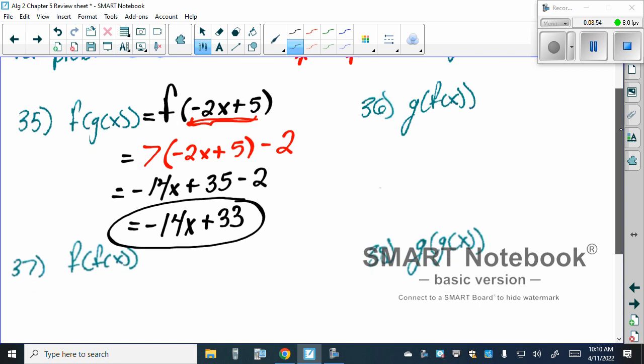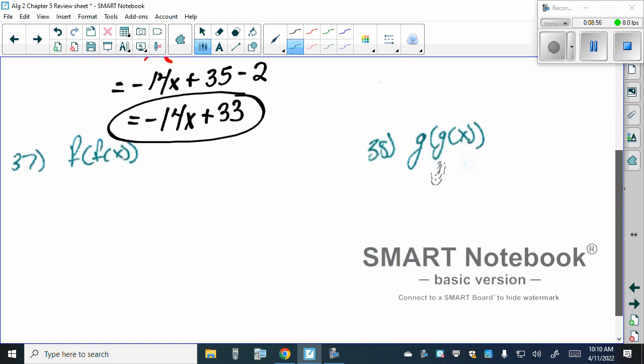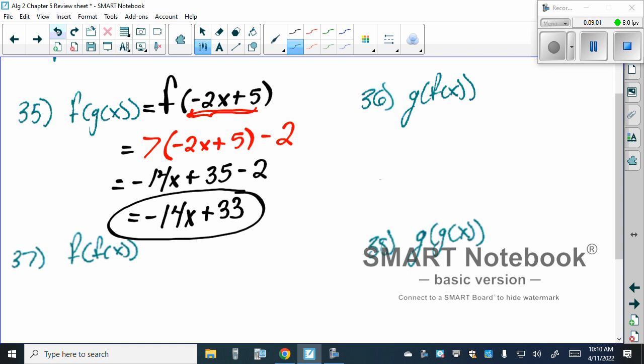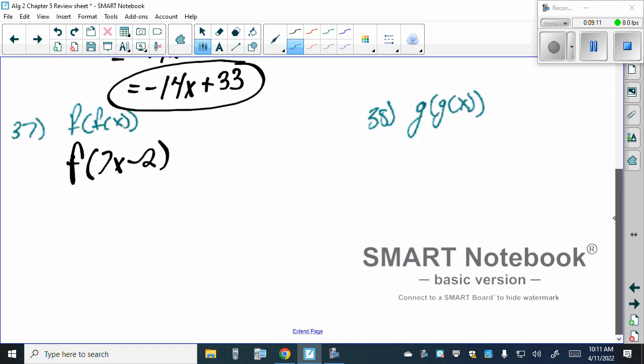We can do 37. So f of x, now our f of x function, if we plug it in, is 7x minus 2. So if I replace the 7x, the one in the middle, the one inside, with what it is, it's going to be f of 7x minus 2.